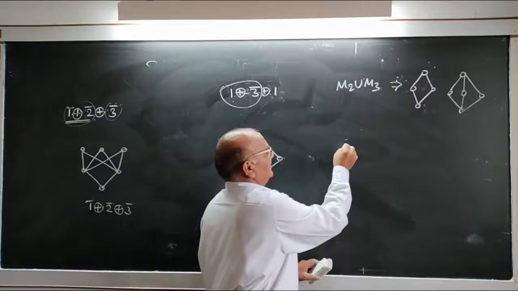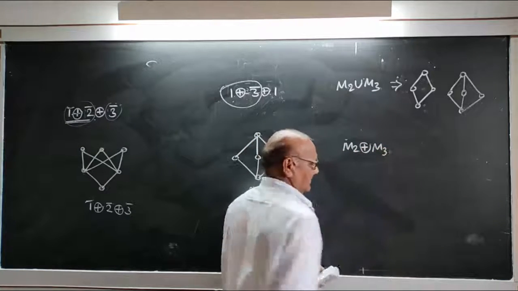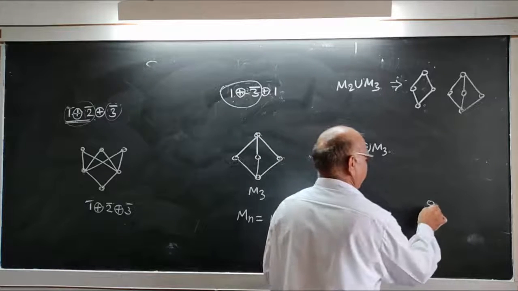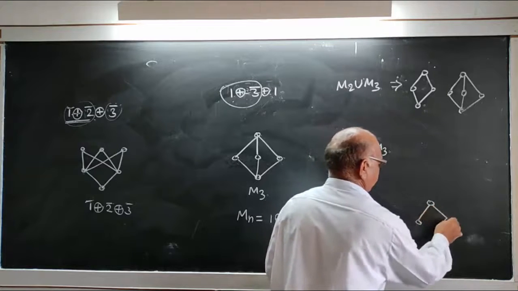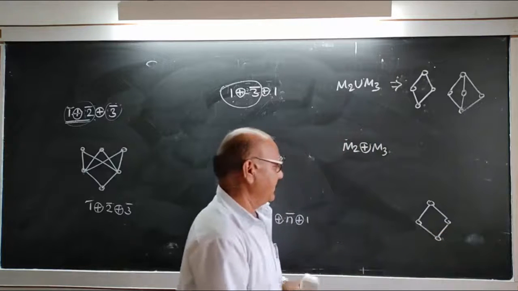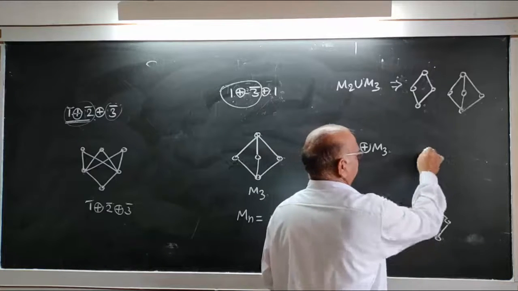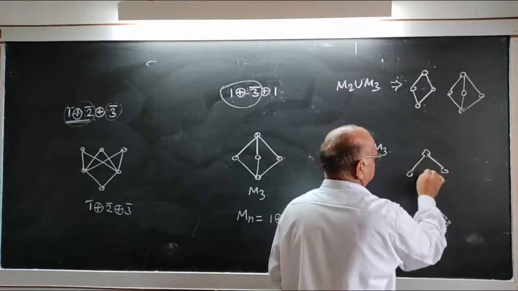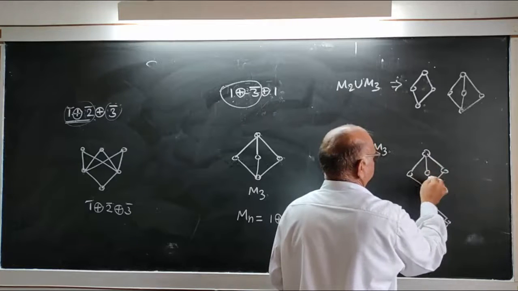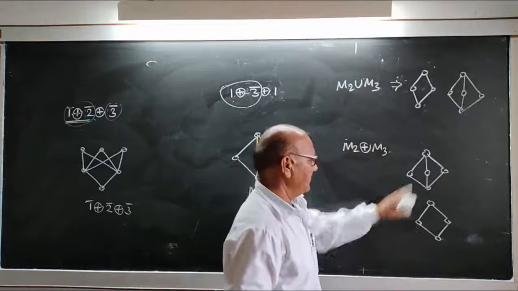Now M2 additional circle M3: draw this way, and then M2, M3.